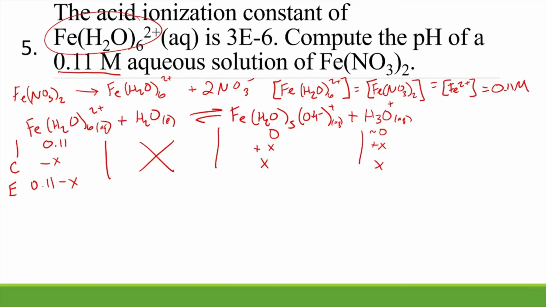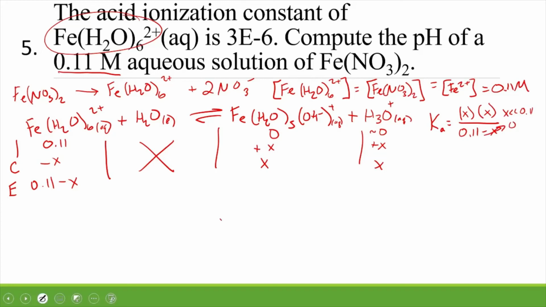And so we can use our Ka expression. It's going to equal X for the hydroxide times X for hydronium over 0.11 minus X for our iron nitrate. We can go ahead and assume that X is much less than 0.11, so that goes away on the bottom.